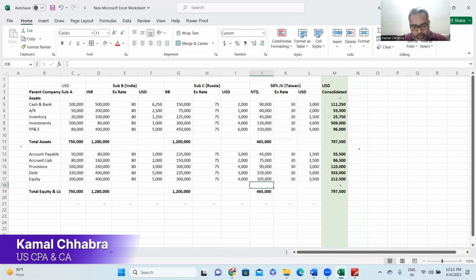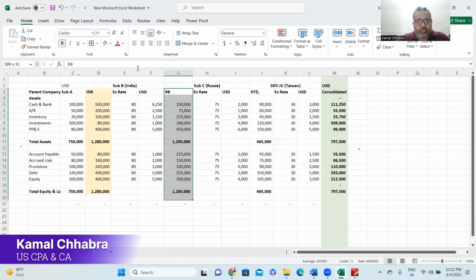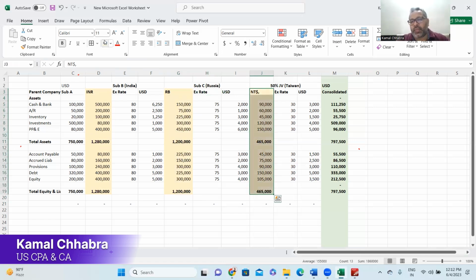Right here, if you see the currency, these all are local currencies. These local currency, we are converting assets and liability on the balance sheet date, and income statement would be the average rate generally, which we consider.